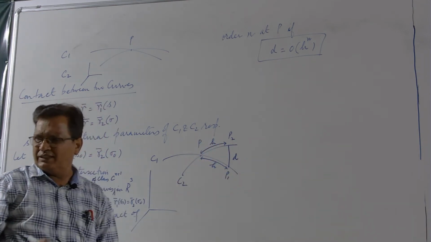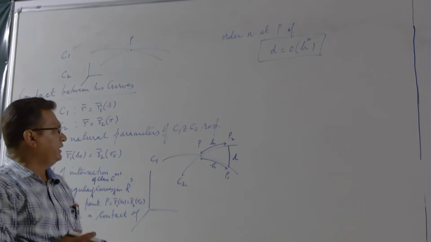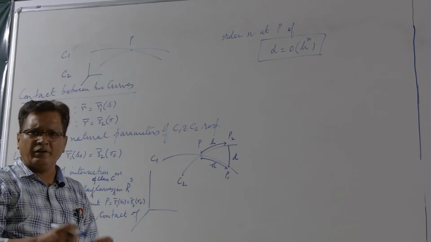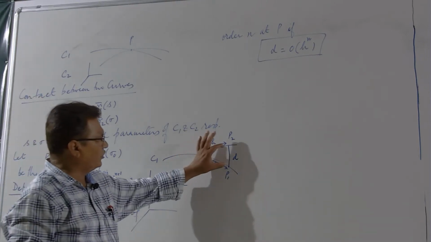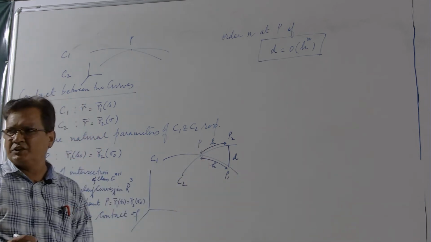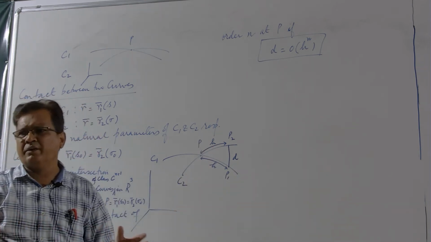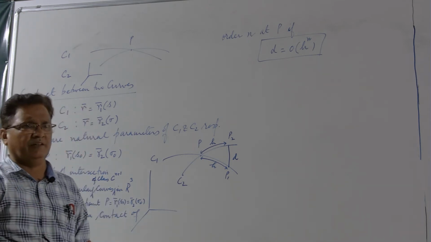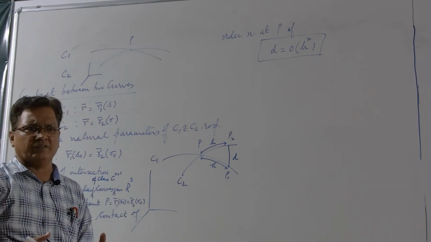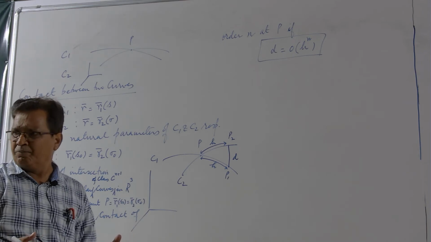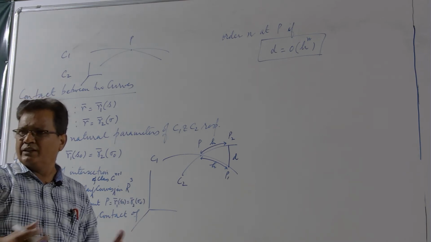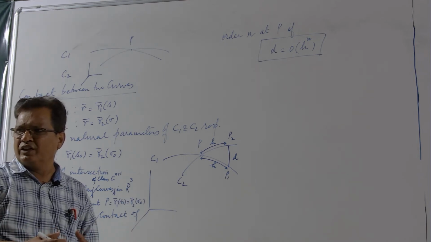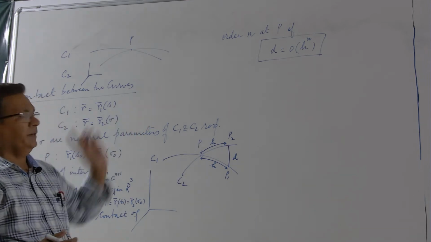Both quantities h as well as d tend towards 0. What I want is that d tends towards 0 faster than h to the power n. This may not happen all the time. You can think of curves where this is not happening. So, in order that the curves have a contact of order n, this should happen.